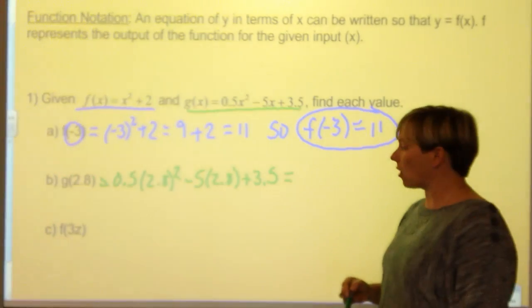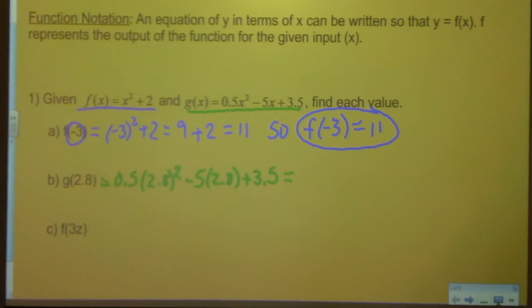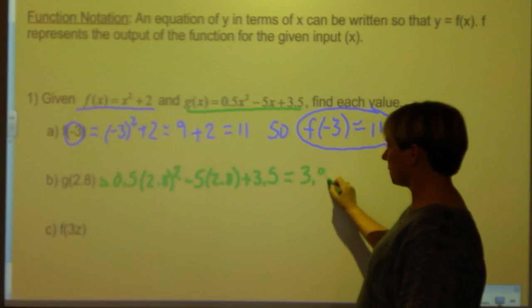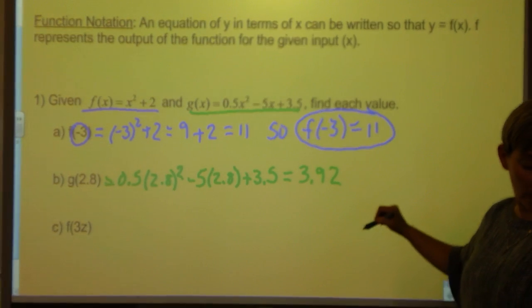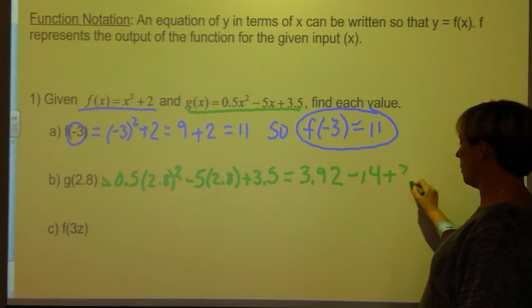Once again, I'm going to follow my order of operations. I'm going to do 2.8 squared first, and then multiply by 0.5 to get 3.92. Then I'm going to multiply 5 times 2.8 and get negative 14, plus 3.5.